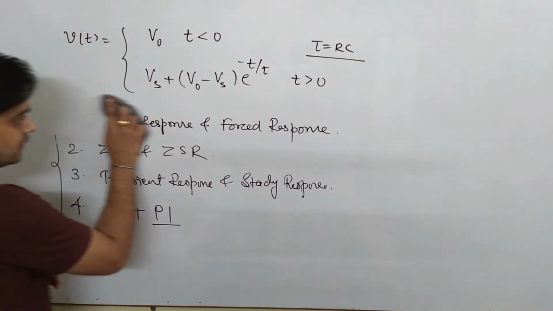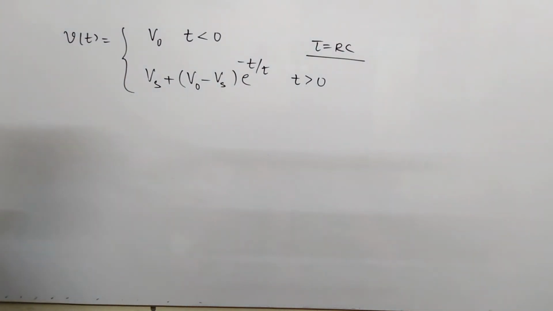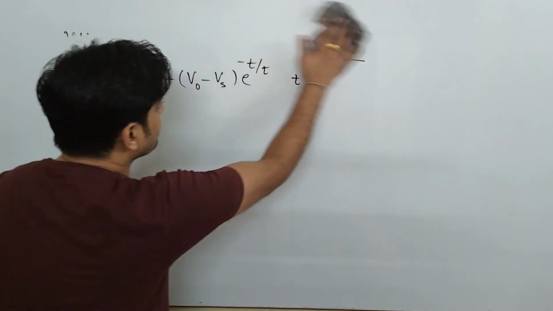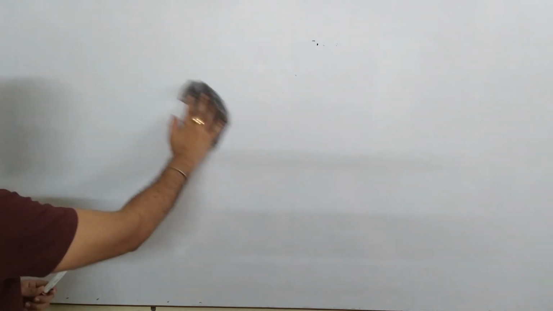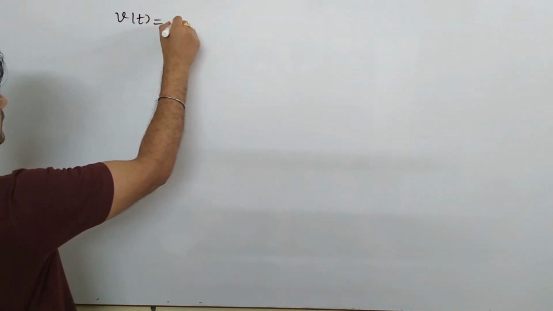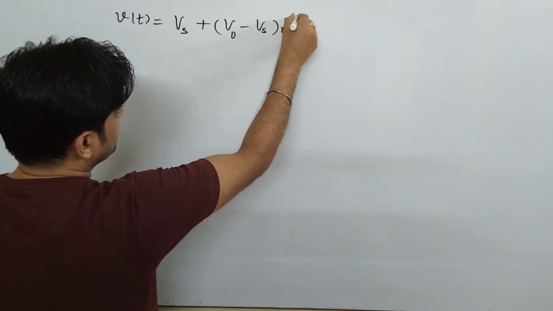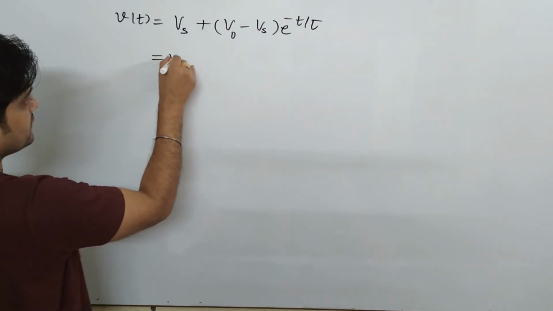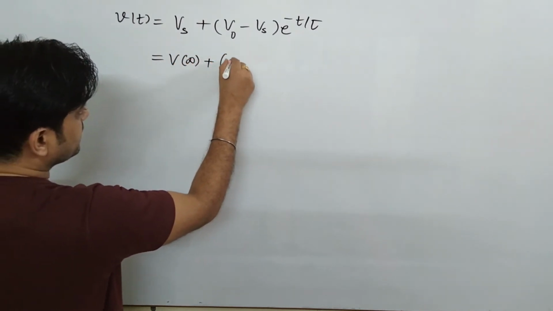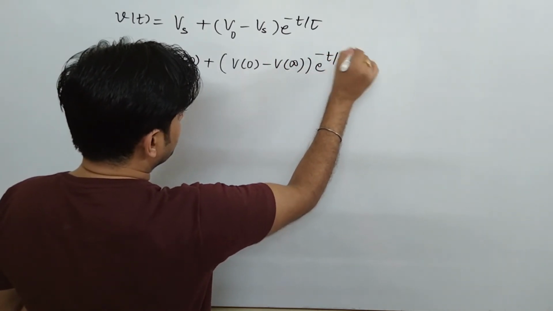First we will see the natural response and forced response. Just try to understand what is natural response and what is forced response. For this I am considering the equation of Vt, that is Vs plus (V0 minus Vs) e to the power minus t by tau, or as I mentioned just now, you can also write it as V infinity plus (V0 minus V infinity) e to the power minus t by tau.